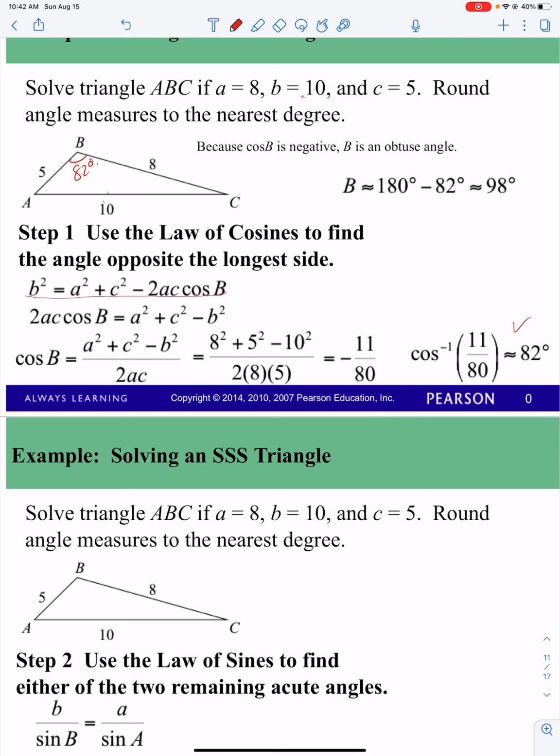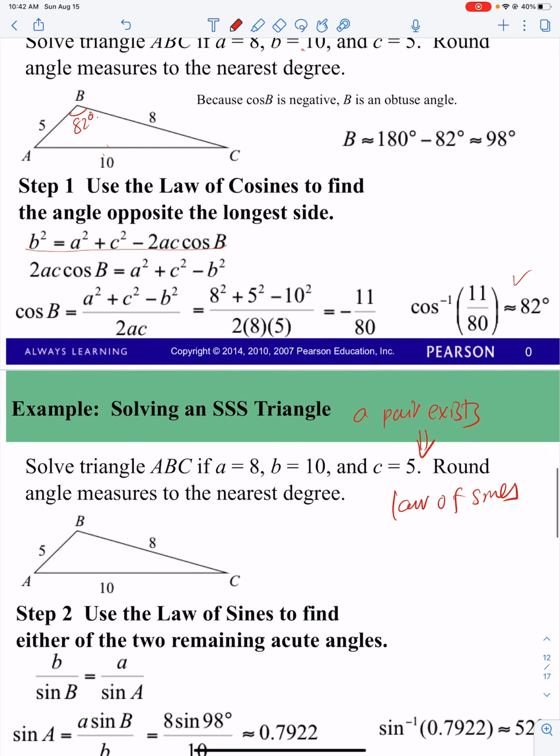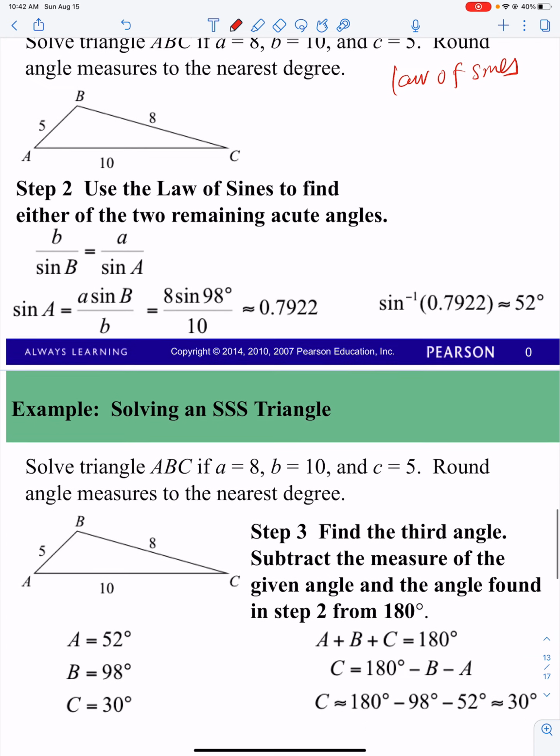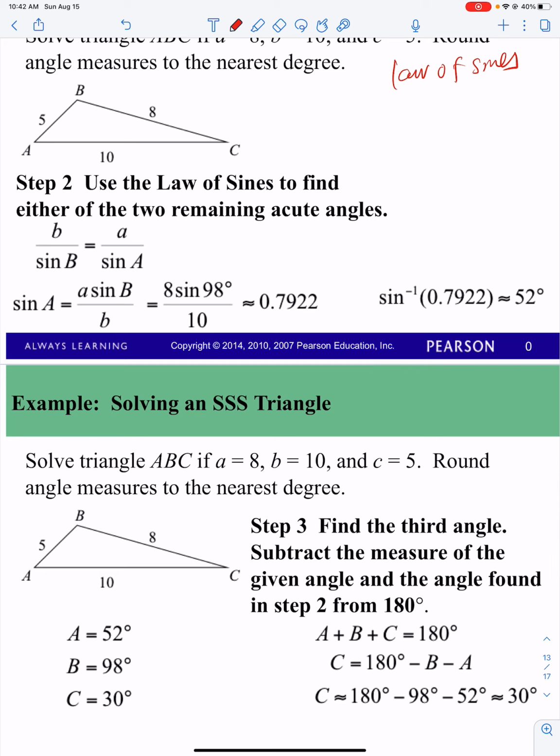Once a pair exists, what do you use? Law of sines, yeah, to find that other angle. After you find the 2 angles, for the third angle, subtract. Pretty easy.